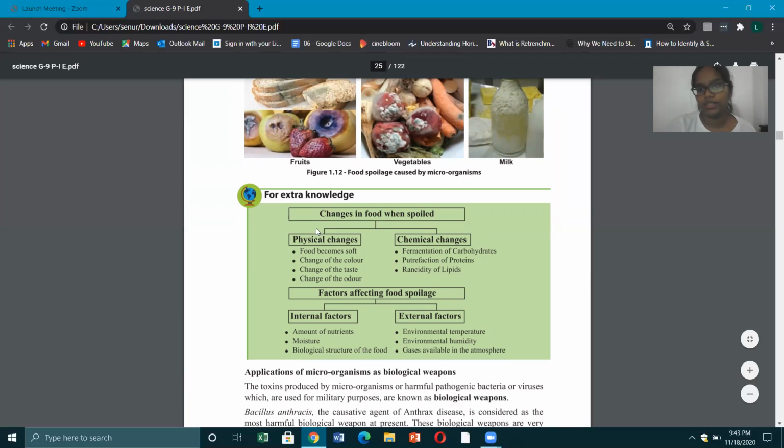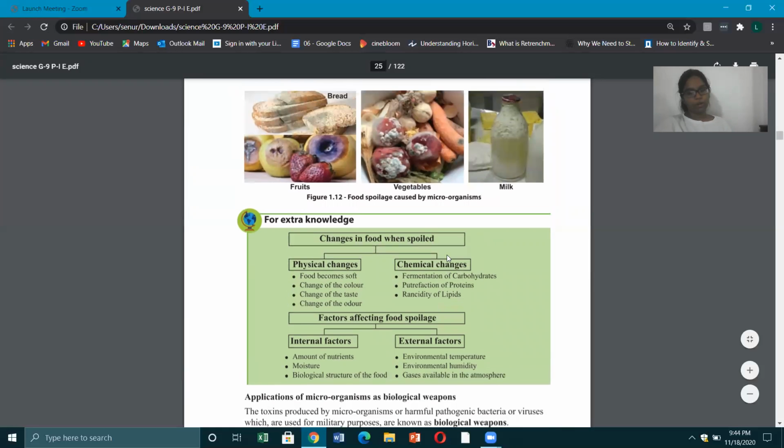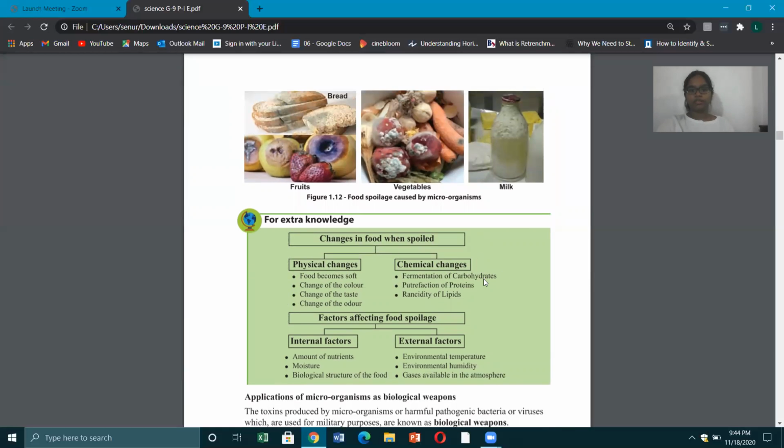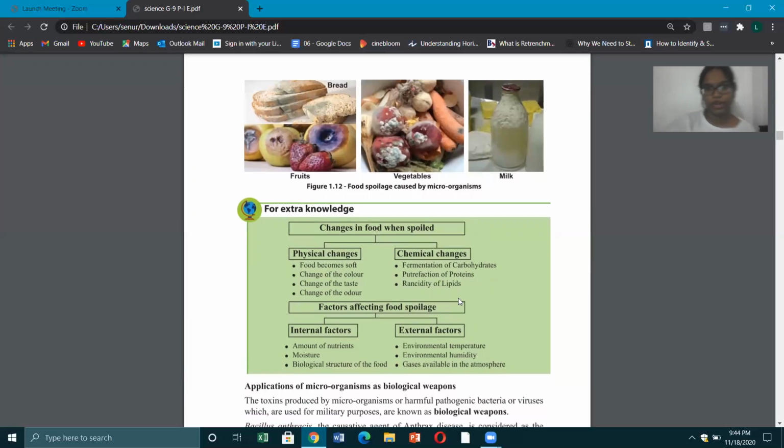Okay. The smell also changes. The chemical changes are fermentation of carbohydrates. So when the chemical nature of carbohydrates changes, you call it fermentation. Proteins, you call it putrefaction, and lipids, you call it rancidity. Okay, fermentation of carbohydrates, putrefaction of proteins, rancidity of lipids.